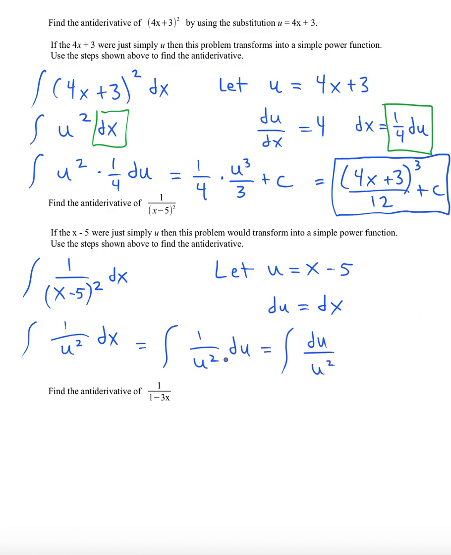We know how to find the antiderivative of 1 over u squared. We can do it with the power rule. u to the negative 2 has an antiderivative of u to the negative 1 over negative 1 plus c.